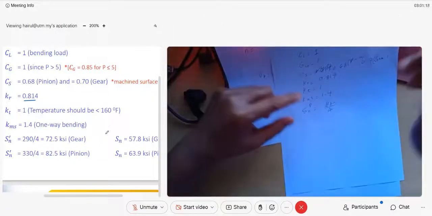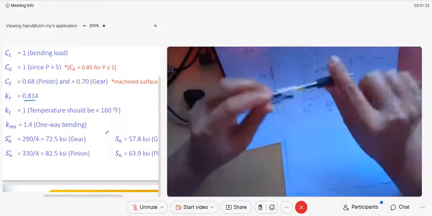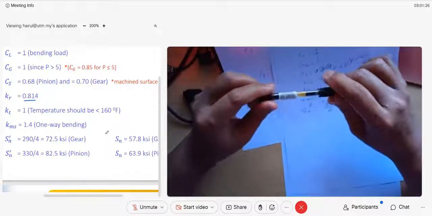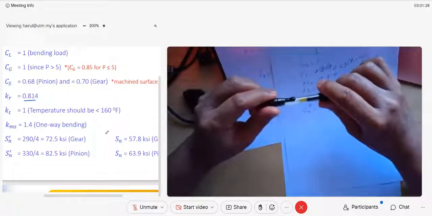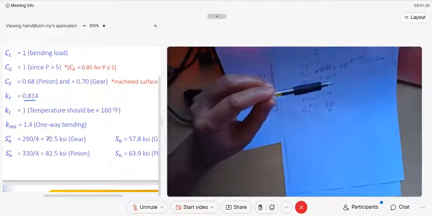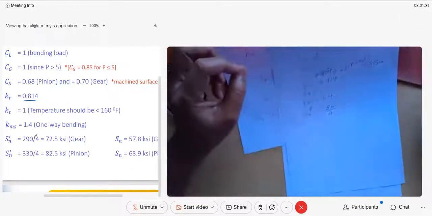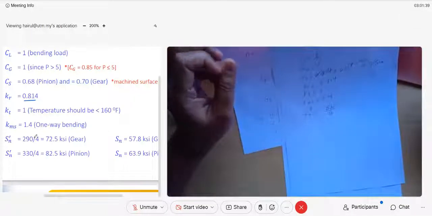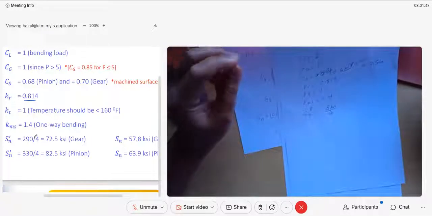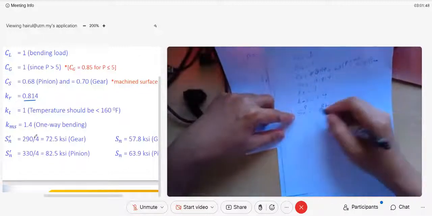That will be your SN prime. Take note, your BHN over 4 will be your SN prime. That's always the case.